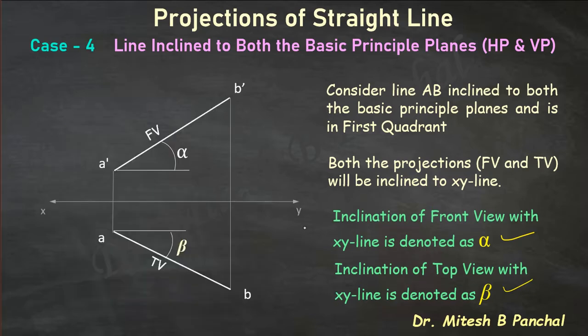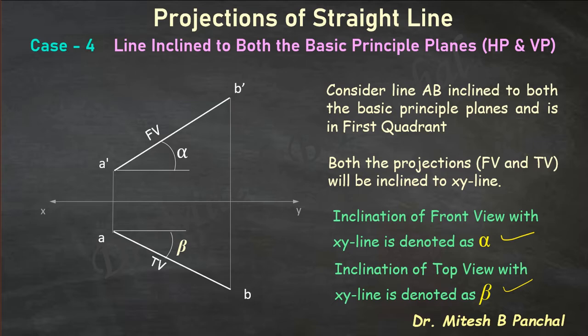So the general solution is like this. Front view gives the apparent length and is inclined with XY, that is denoted by alpha. Here also top view is the apparent length and its inclination with XY is denoted by beta.